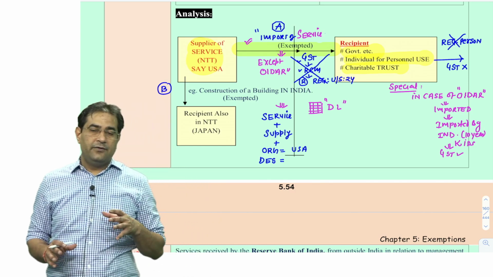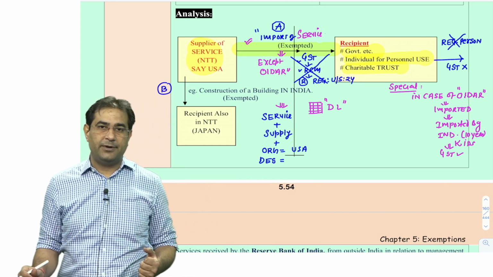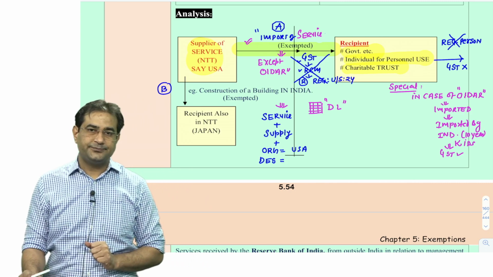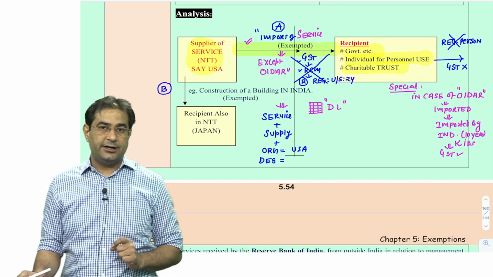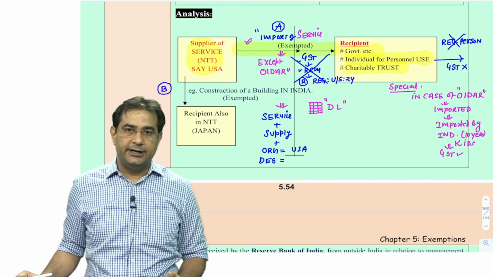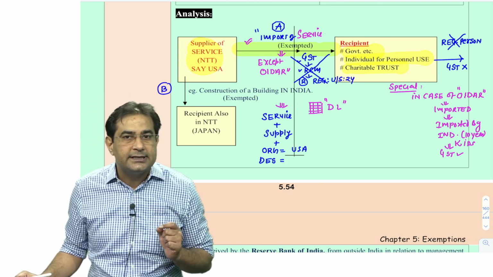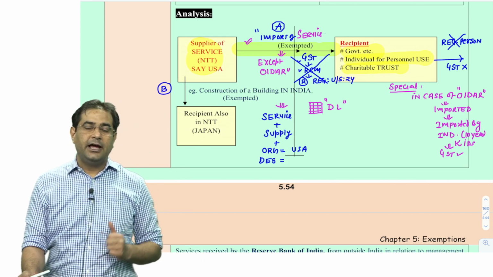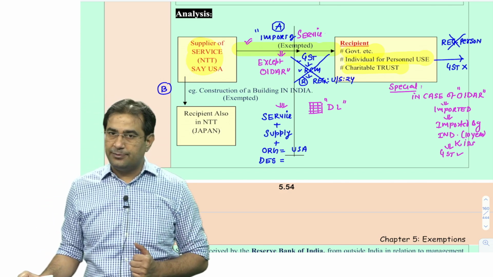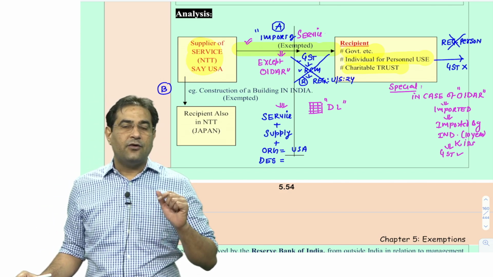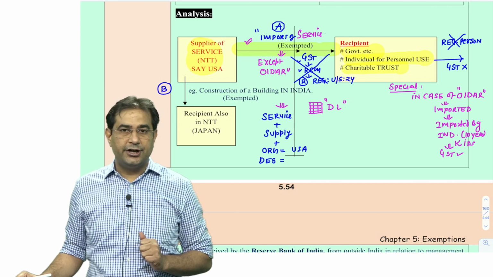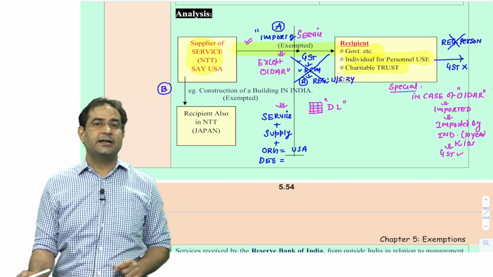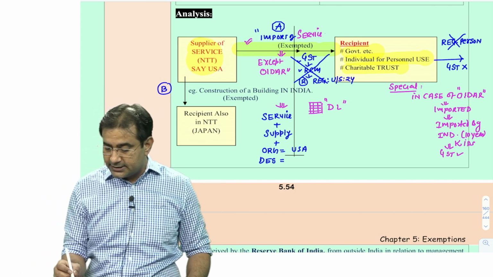Now, we will have to check which section shall apply, section 12 or section 13 of the IGST Act. Section 12 states that where both the parties are located in the taxable territory, then section 12 is applicable. But as per section 13, if one of the parties is located outside India or both the parties are located outside India, then section 13 gets attracted.